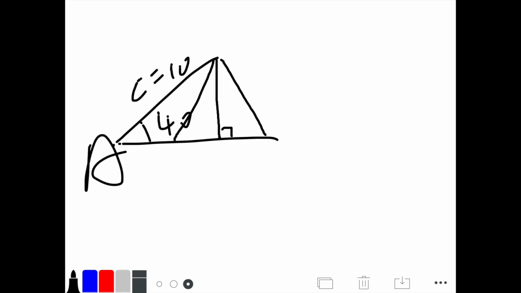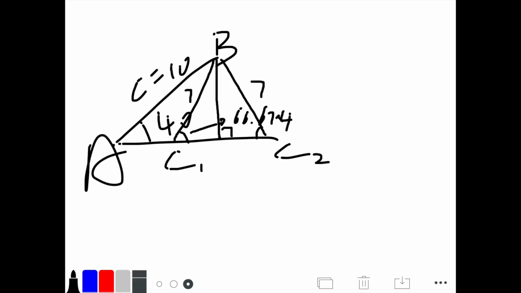This will combine the two solutions into one triangle, and we can simply get that the angle is 66.674 degrees, the same as the other base angle.